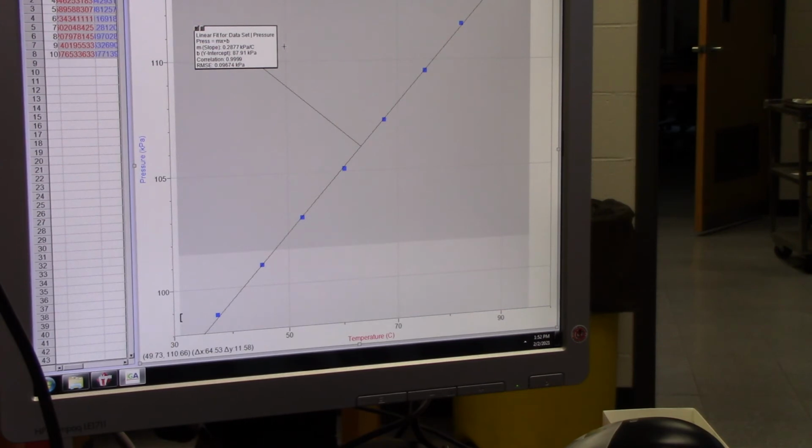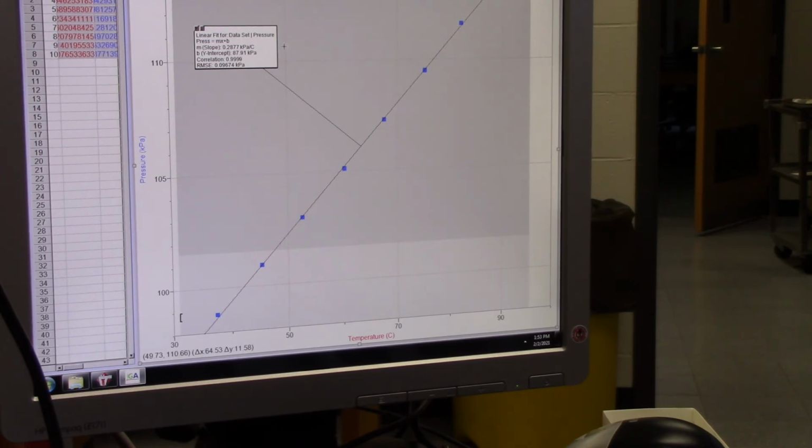So your equation is going to be pressure P equals 0.288 kilopascals per Celsius, let's go 3 digits, times temperature plus the y-intercept 87.91 kilopascals. So I'm going to ask you to write that equation out as well.